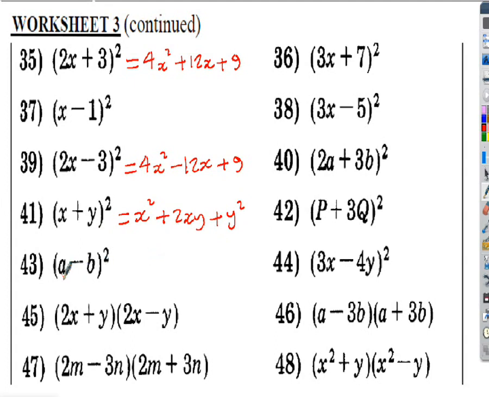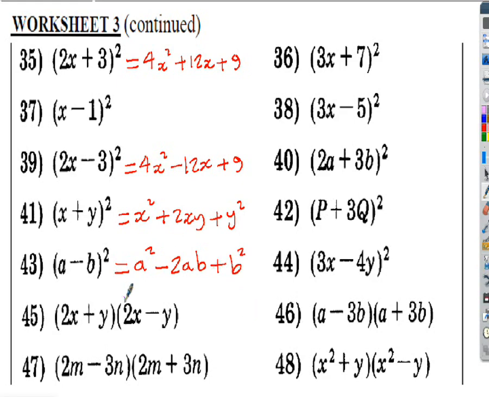Question 43, we have a minus b all squared, so our solution will be the first term squared, so that's a squared minus twice the product, so ab is the product, so it's twice ab, and then we add in this case the second term b squared.